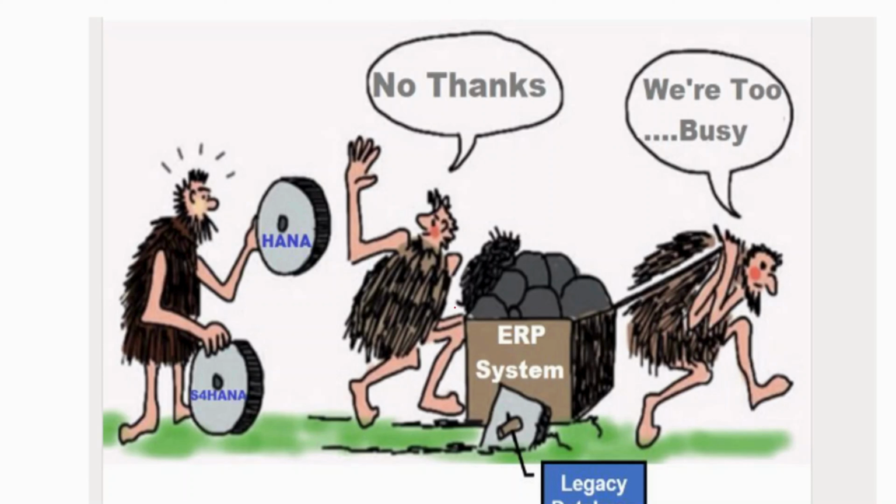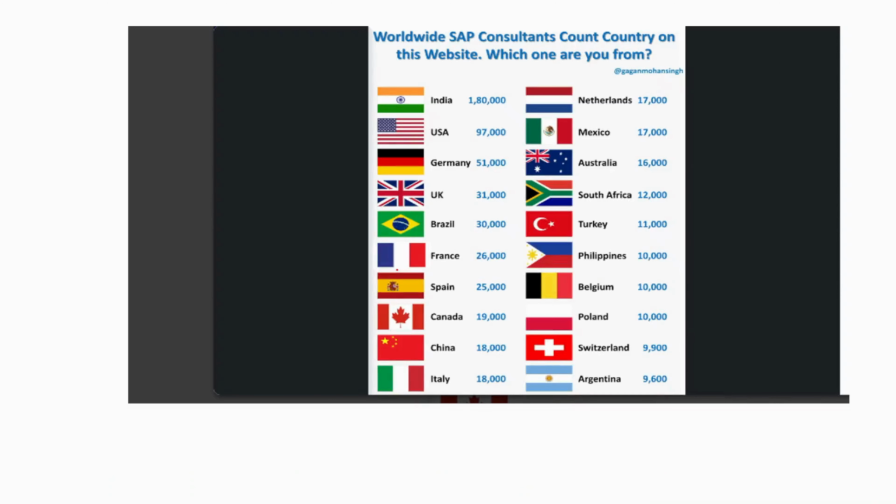But the guys are saying, no thanks, we are too busy. They are just using some conventional ERP system. It might be Oracle, BaaN, PeopleSoft, Great Plains, or any local ERP. Let's suppose for finance they are using Tally. So that's SAP S4 HANA. These guys are just saying no thanks, we don't require that. So that's a funny picture.